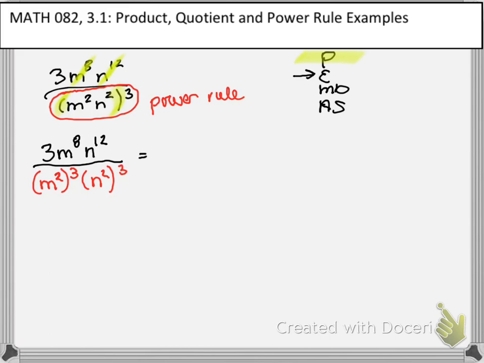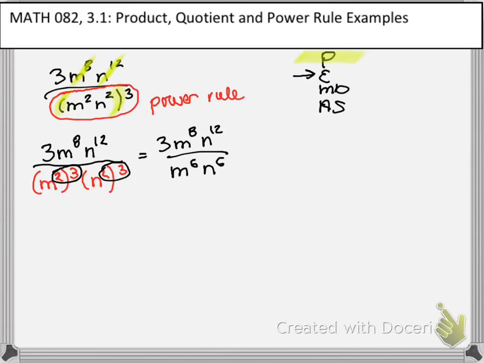Okay, and then the power rule says that I take these exponents and I multiply them. So this is going to become m to the 6th, n to the 6th.